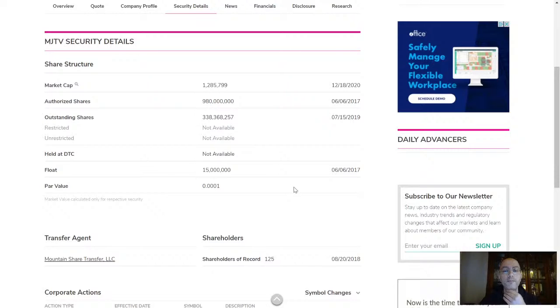Now, personally, especially for long-term holds, I prefer a company that has outstanding shares of roughly 1.5 billion, maximum 3 billion. That's maximum, okay?